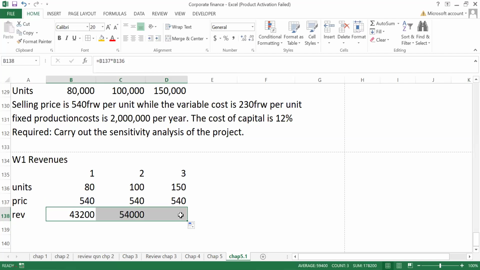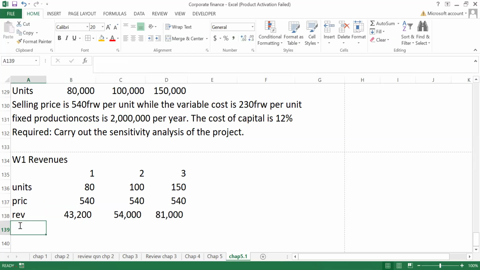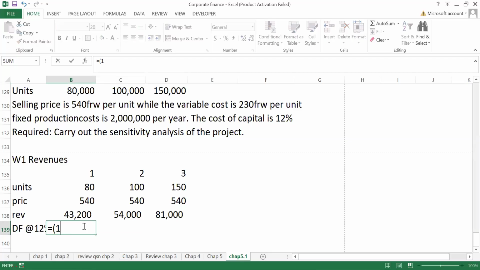Since I'm going to do sensitivity, what is important here is to get the present value of the revenues. My discounting factor at 12% is 1 plus 0.12 to the power minus 1.